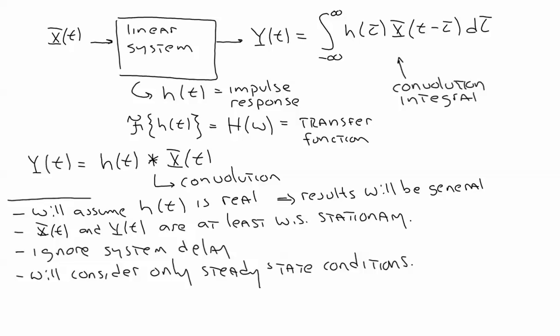So really what we're going to try to get a handle on today is some interesting characteristics of the output given knowledge of the input. We'd really like to find the mean of y.